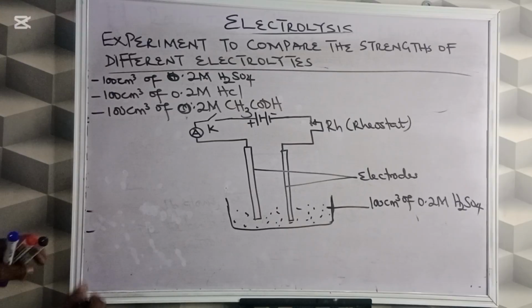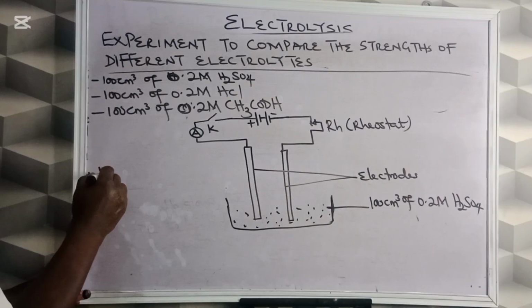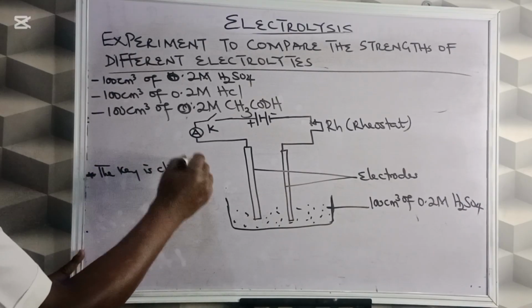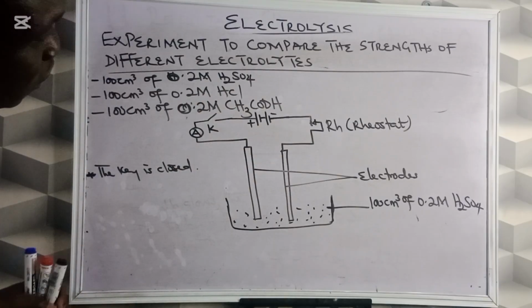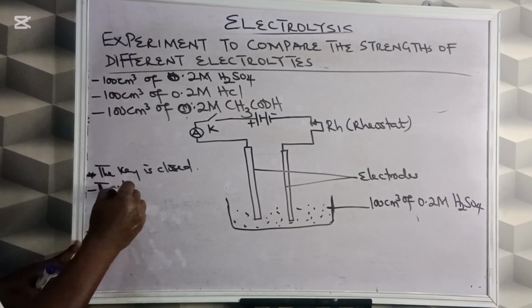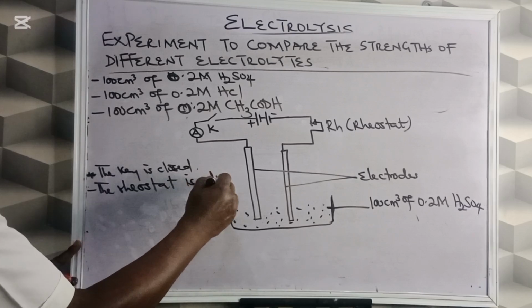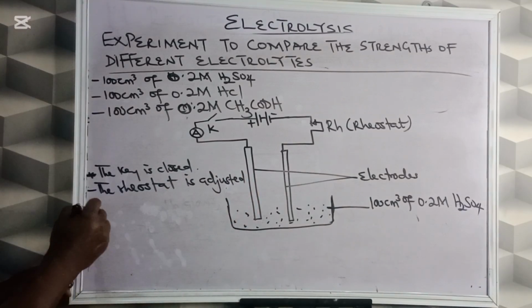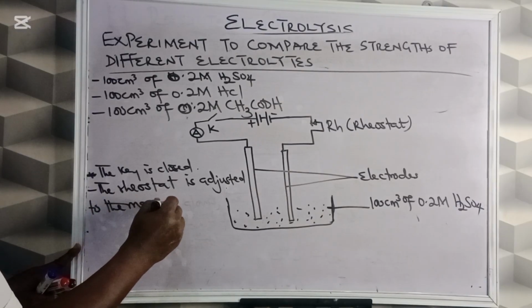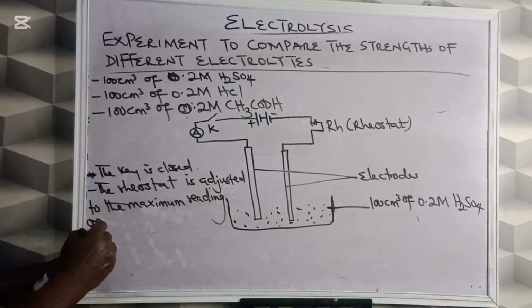Let's see the explanation here. Let's outline it. The key is closed to allow current to flow. Once the key is closed, the rheostat is adjusted to the maximum reading of the ammeter.